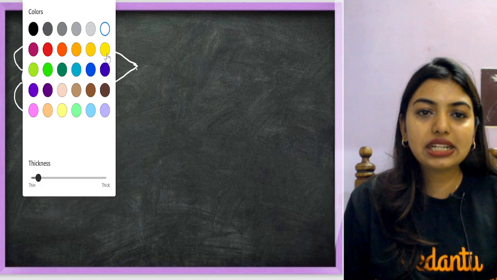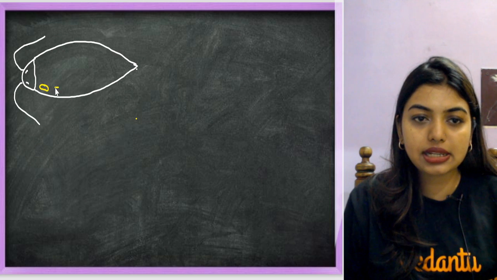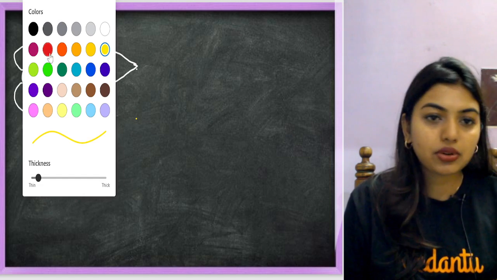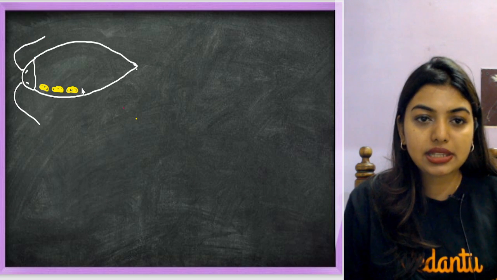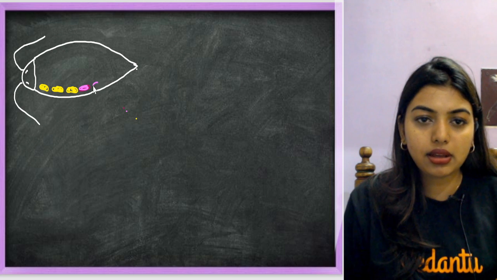Okay, now they are telling that 3 ganglia are present in the thorax region. Okay, 6 of them are present in the abdomen region. I think this color will not be visible. 6 of them in the abdomen region.